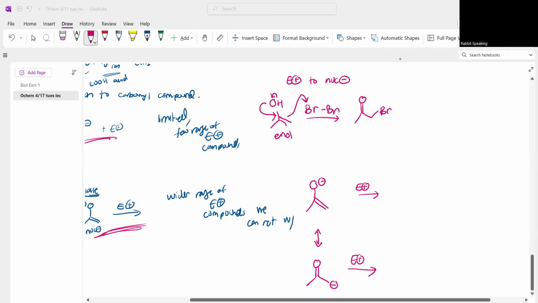Okay you guys, I figured out where I was going wrong. What I was trying to do before was take the electrons from our alkene bond and react with our electrophile. The reason I was doing that was because I was following what I did with the enol when reacting with the electrophile. But since we have a charge on both of these compounds, we want to use that electron density first to react with the electrophile.